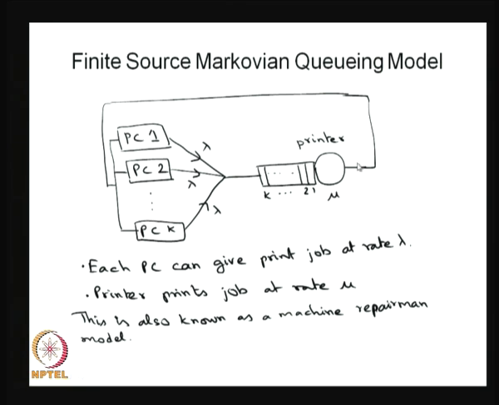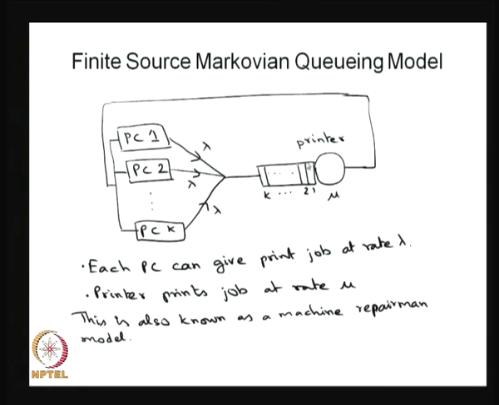Therefore, after the print job of any PC is over, things go back to the same state. Then, with the inter-arrival of print jobs exponentially distributed, the print job can come into the printer.